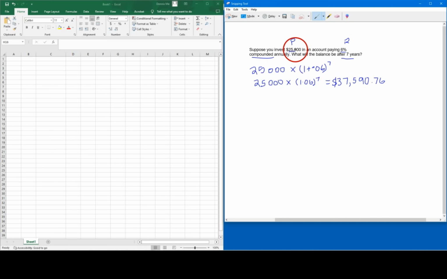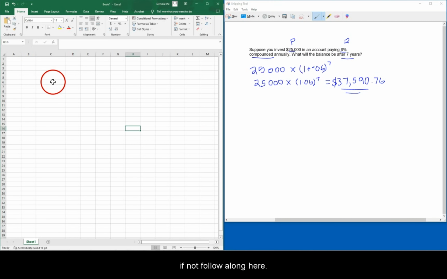So a principal amount of $25,000 in an account compounding annually after 7 years would be worth 37,590.76.